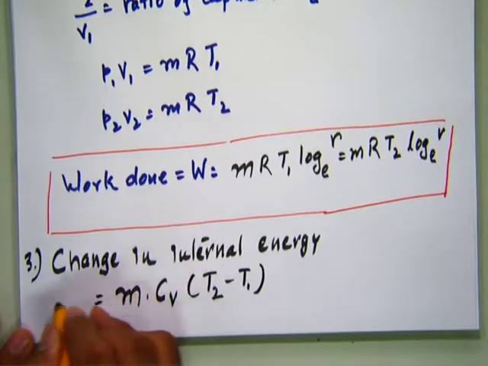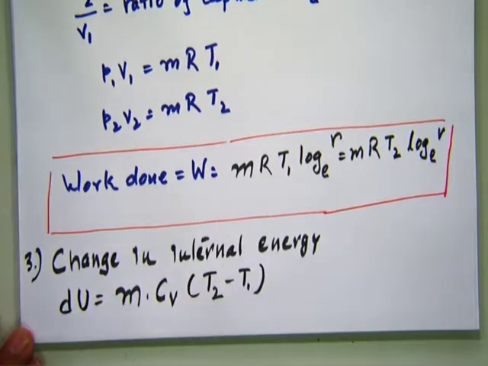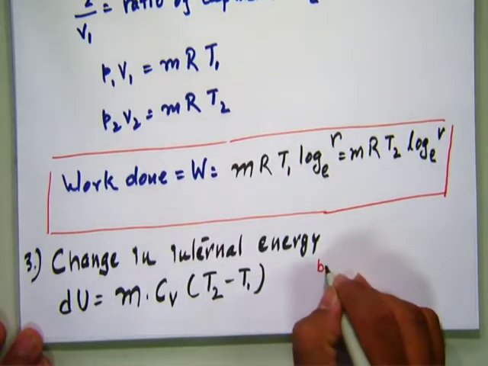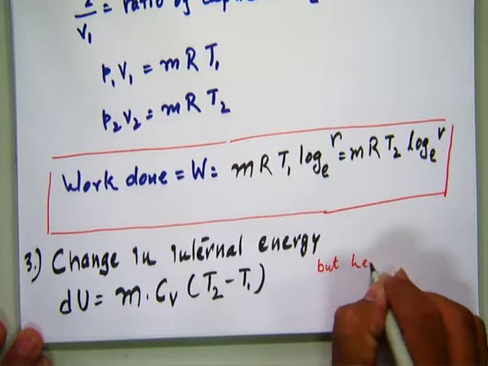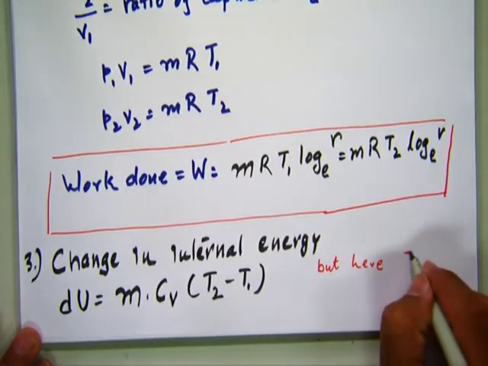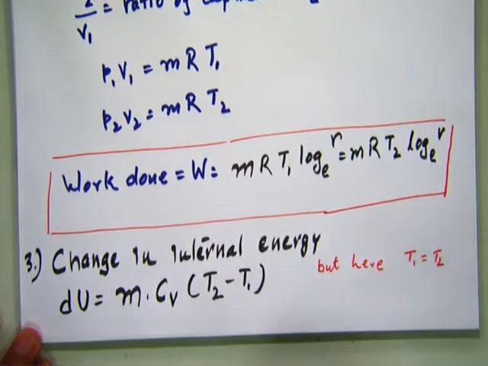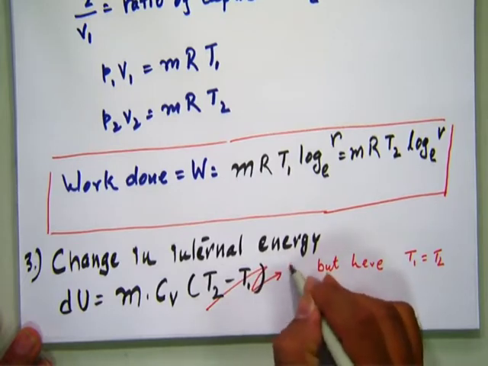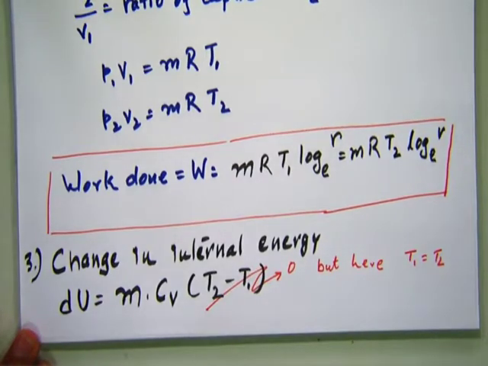This is the change in internal energy dU. But here T1 is equal to T2, so this term T2 minus T1 goes to 0.